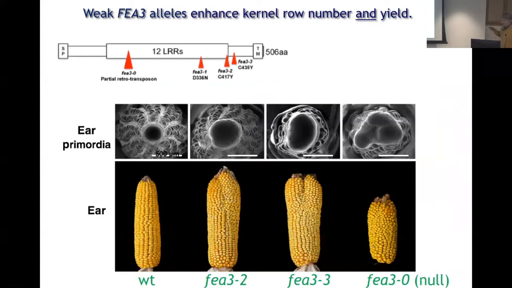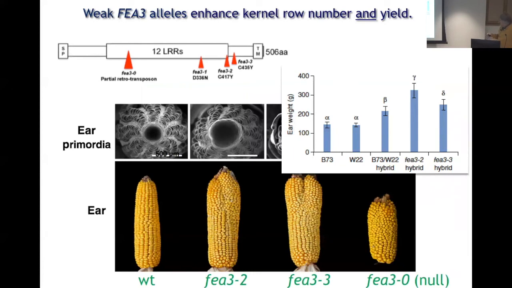We did this with another gene that we worked on called Fea3. Haven't really talked about this today. In this example, we had weak alleles. See, they're still mildly fasciated, but nothing like the null mutant. Again, these are EMS weak alleles. In this case, even in our old inbreds and hybrids, B73 and W22, we see a pretty significant increase in yield.